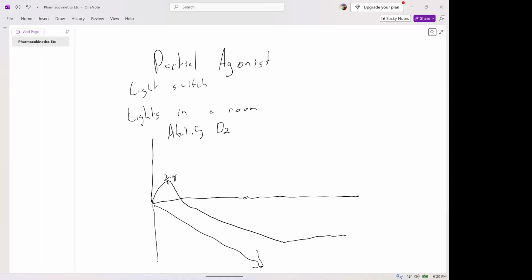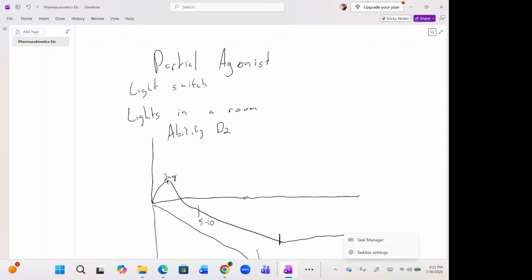And then it's only around 5 to 10 that you start to go toward the anti-dopamine aspect of Abilify, and then around 30 is where you're going to hit the max.